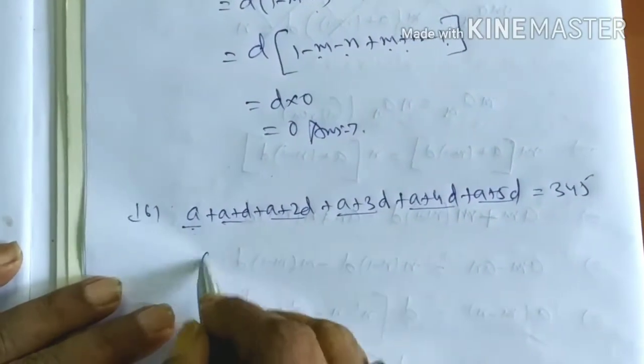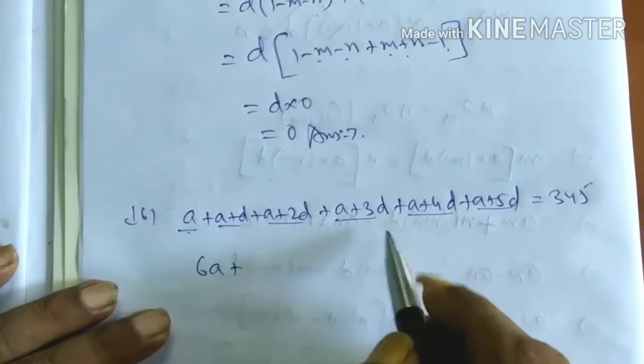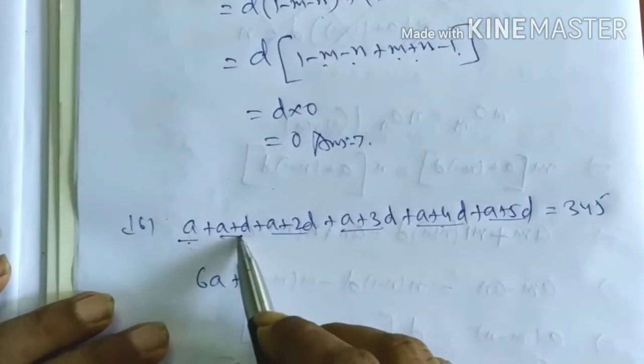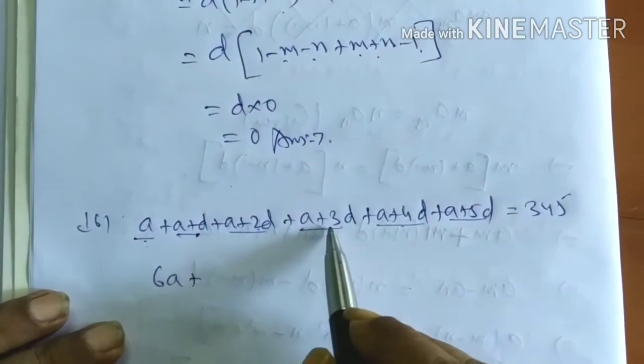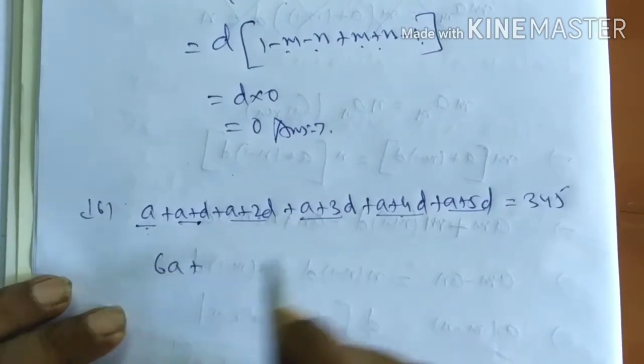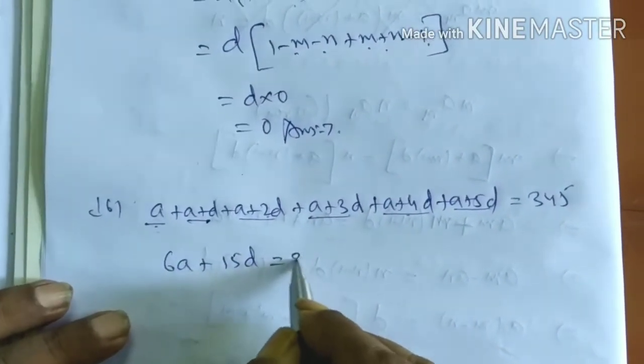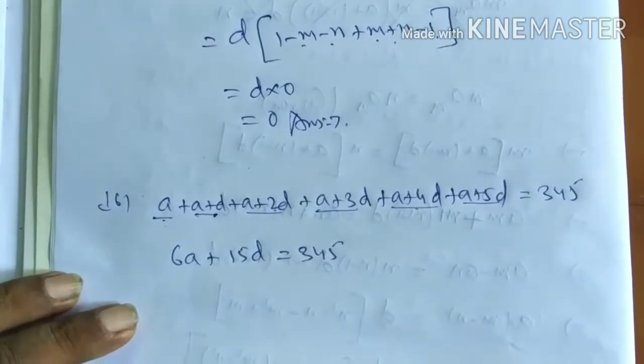That means 6a plus 5 plus 4 plus 3 plus 2 plus 1, that is 15d, is equal to 345.